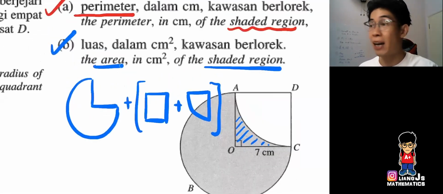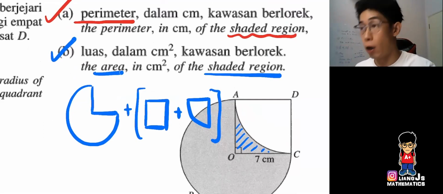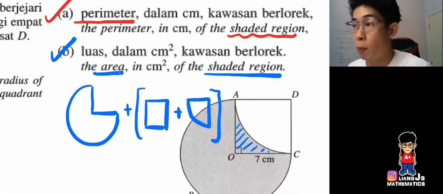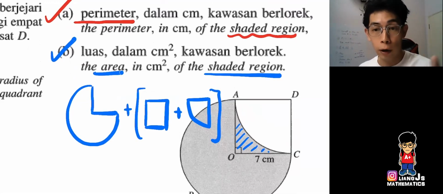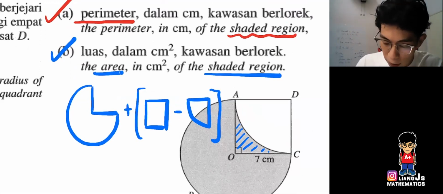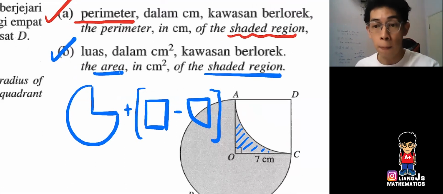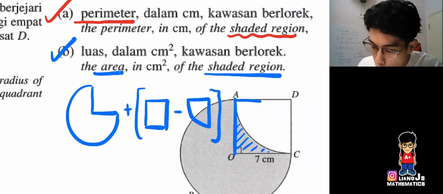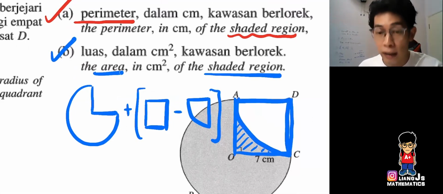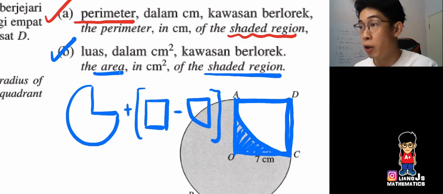So I will get a square minus a quadrant to get the answer. Sorry, not plus, it's supposed to be minus. So you minus it and you will get the part. I draw it out, a square minus the white color part, then you will get the blue color shaded region.